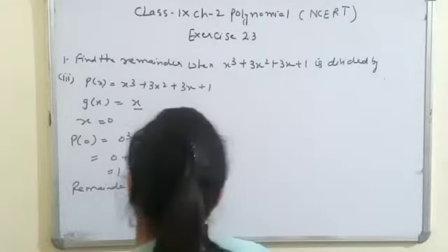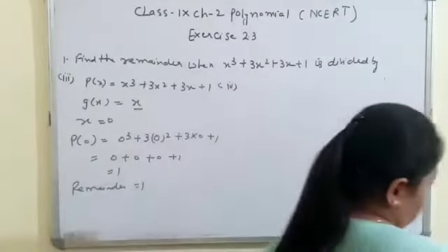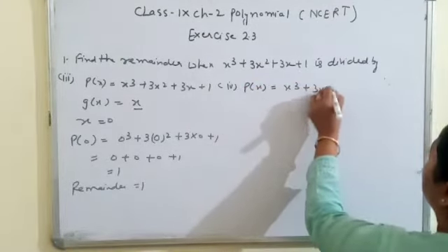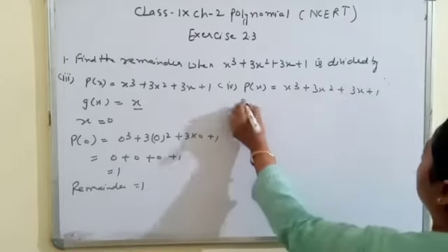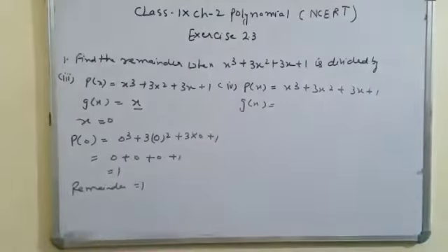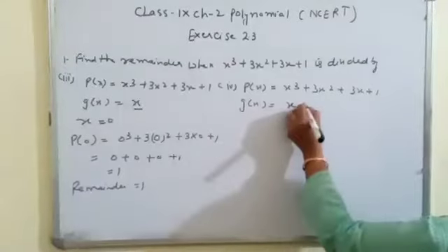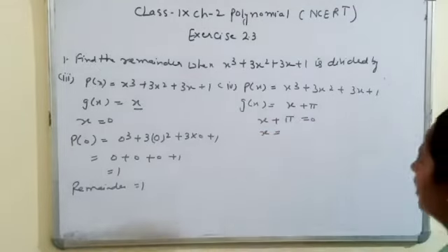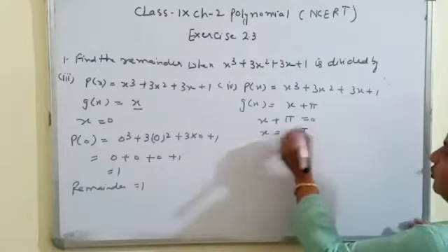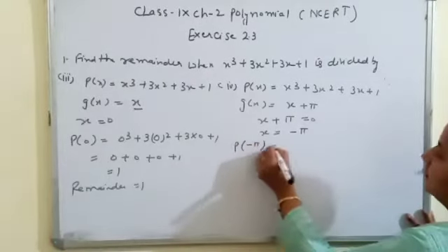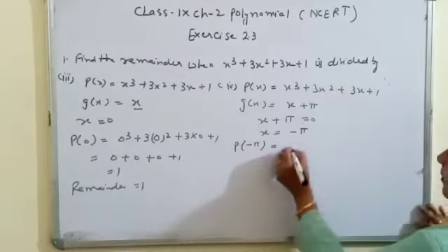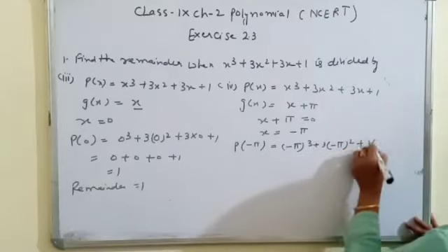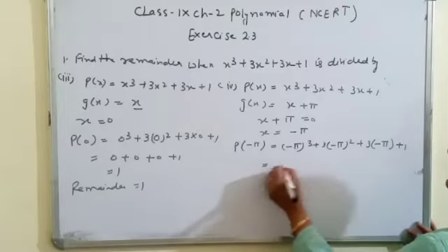Fourth part. The polynomial is x cube plus 3x square plus 3x plus 1. The divisor is x plus pi. Now find its zero: equating it to 0, x equals minus pi. Now substitute: (minus pi) cube plus 3 times (minus pi) square plus 3 times (minus pi) plus 1.